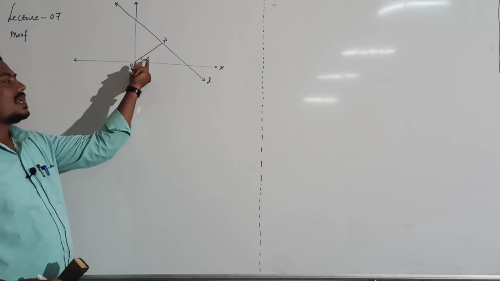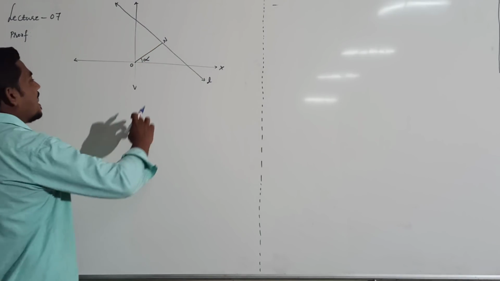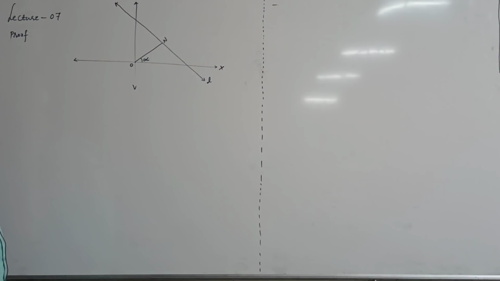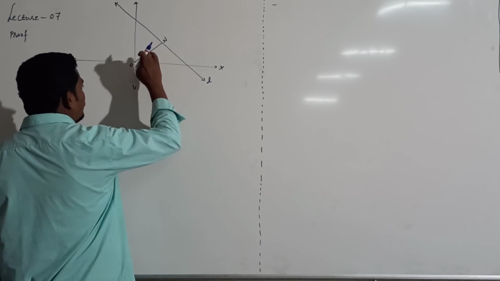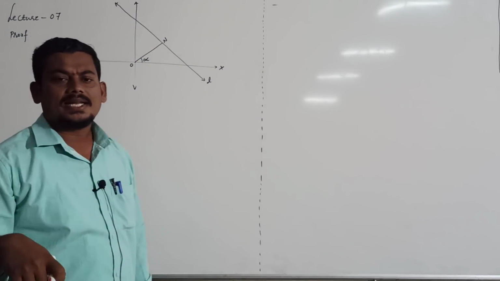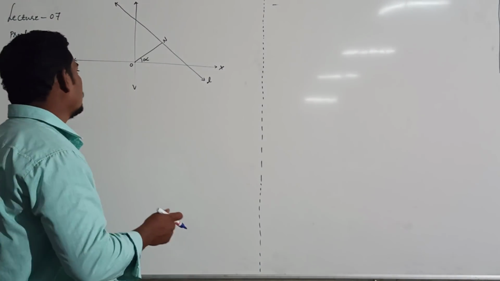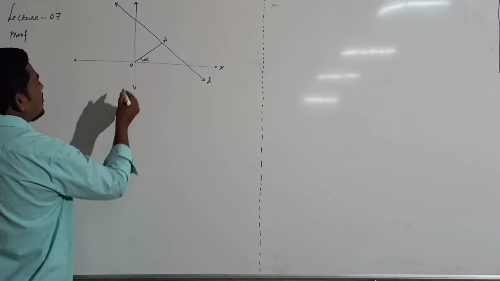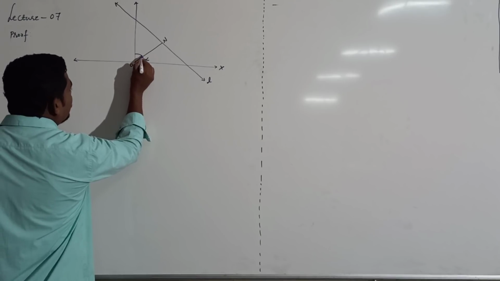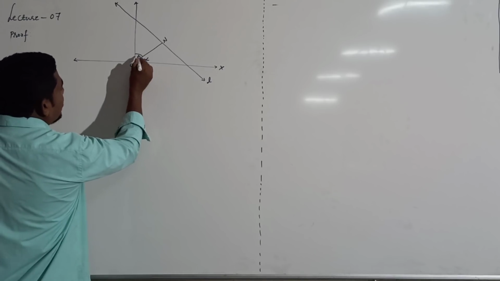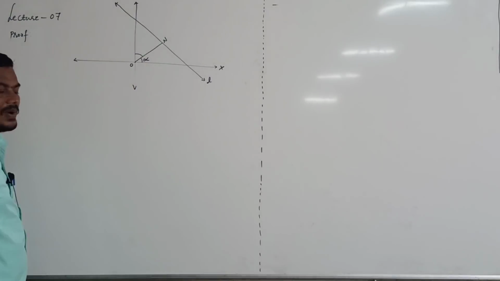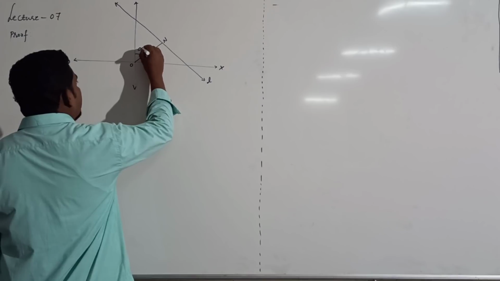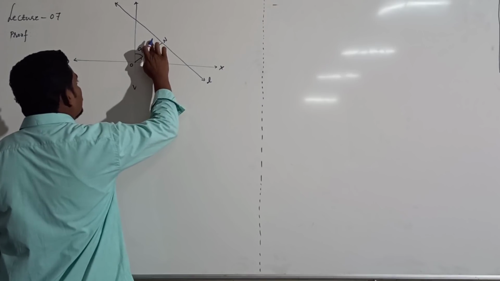You can take any angle, either alpha or omega or any theta. Suppose this angle is alpha, then what is this angle? Clearly this is 90 minus alpha only.